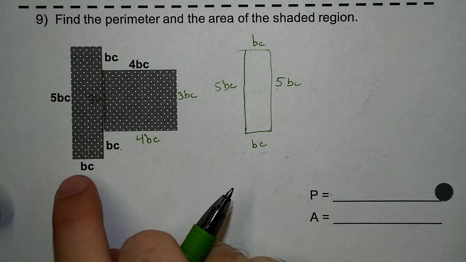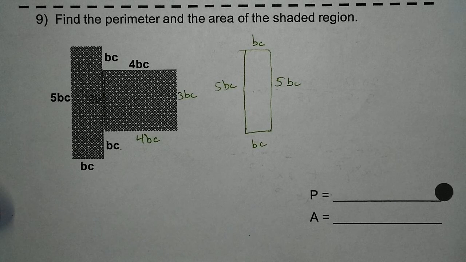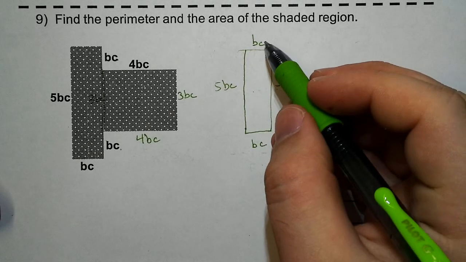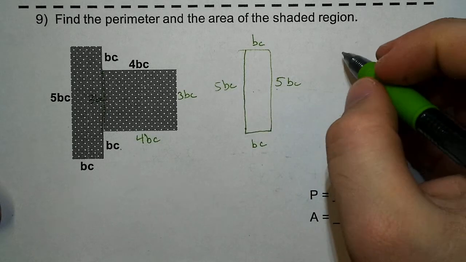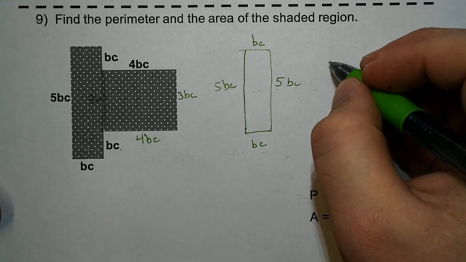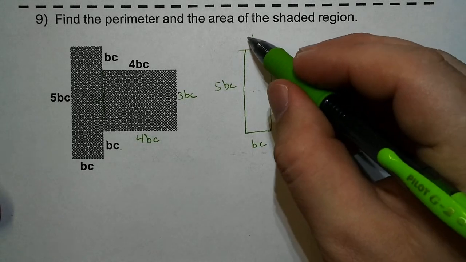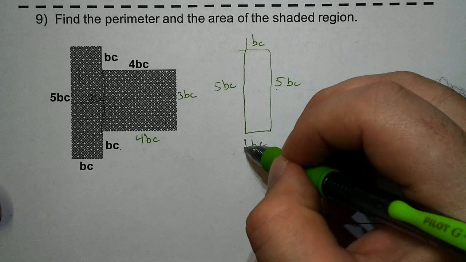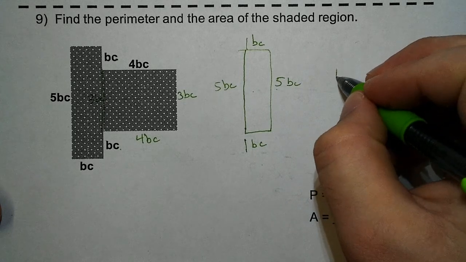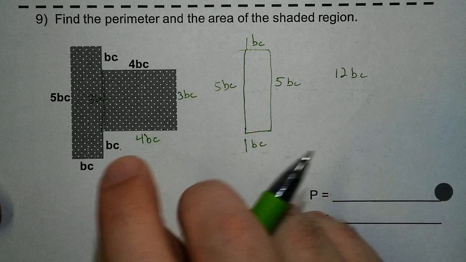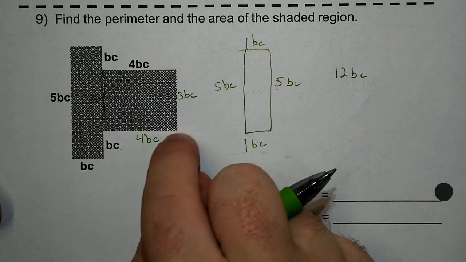So let's get the perimeter first. Let's start with the long one. So b c plus 5 B C plus 5 B C. So that is, sneaky, 1, 1, 2, plus 10. So that should be 12 B C. Now, we're not done because we haven't gotten the perimeter of the other one yet.